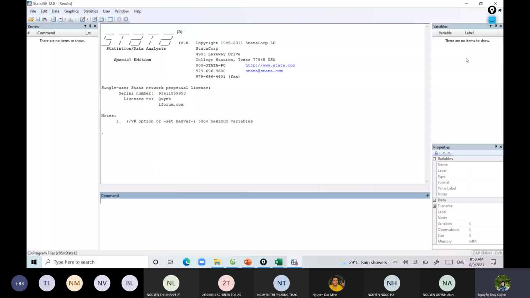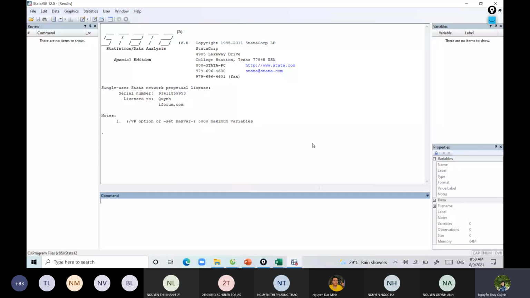Now, in order to regress the dependent variable on the independent variables, the first step is to import the data into Stata. We have 2 ways to import data into Stata. The first one is very easy.